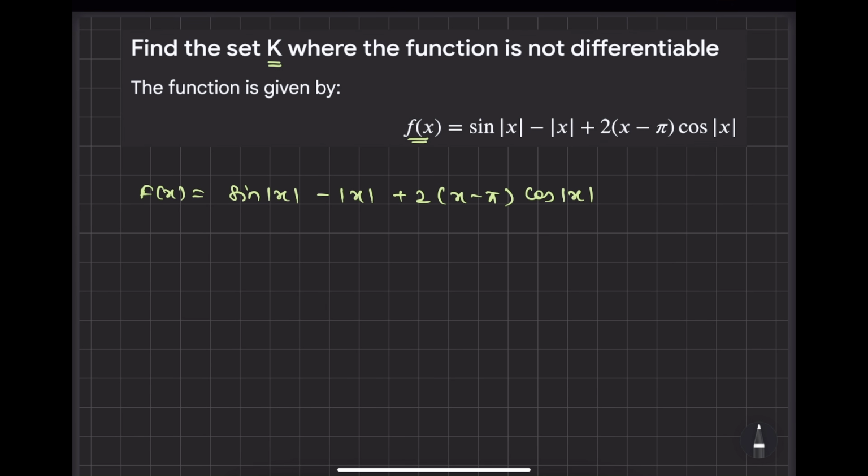Now what will you do? Continuous means LHL equals RHL equals f of a. Now you have to check differentiability. So check LHD and RHD at the critical point. If both come out to be equal, this means the given function is differentiable. If it is not equal and finite, it is not differentiable.